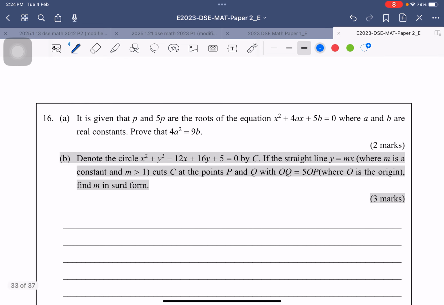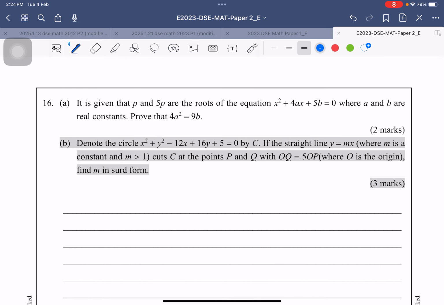Okay? So for part A, it's given that p and 5p are the roots of the equation, where a and b are real constants, to prove something very weird. But when they're asking about the roots, and they're giving the roots, then you can consider the sum of the roots and the product of the roots, isn't it?